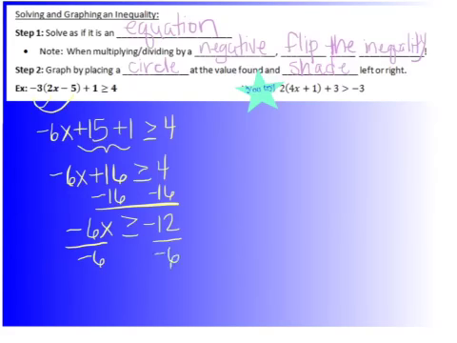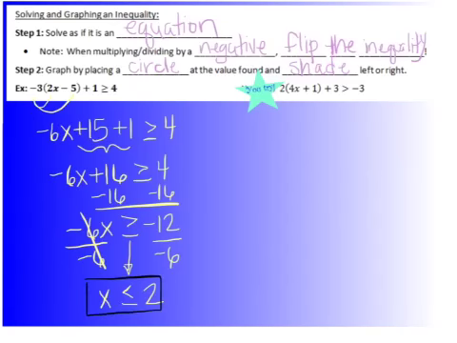And note, when multiplying or dividing by a negative, flip the inequality. Alright, so these negative 6's cancel. I have x. I need to flip this inequality so it's less than or equal to. And a negative divided by a negative is a positive, and 12 divided by 6 is 2. So I have solved my inequality. Here's my answer.